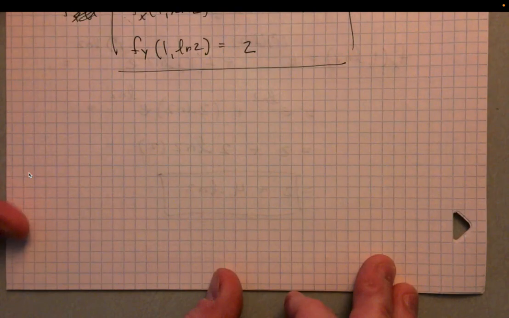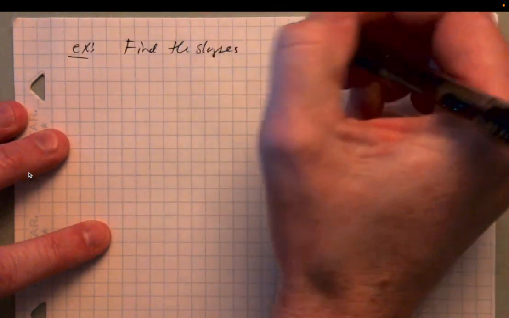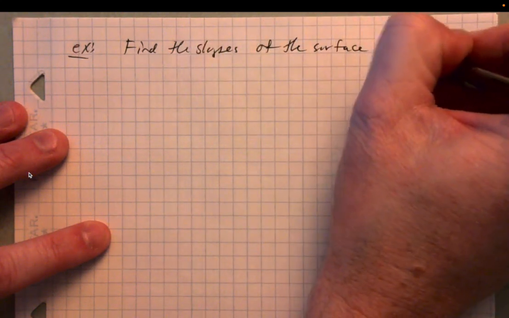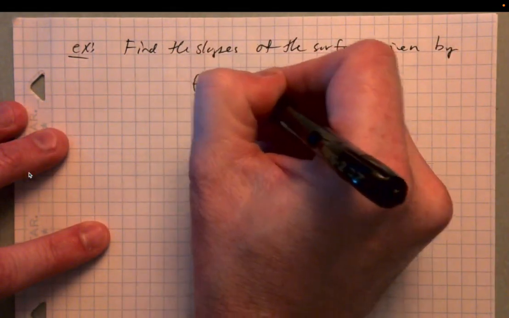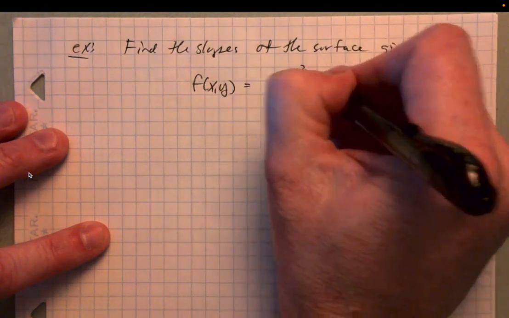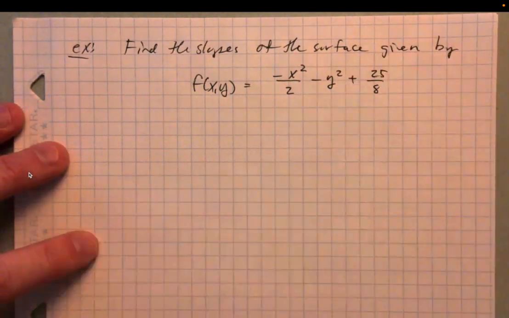Okay, so let me actually flip pages here so we can get it all on one page. Okay, so example. Let's find the slopes of the surface given by, now here's the function, f of x y equals negative x squared over 2 minus y squared plus 25 over 8.